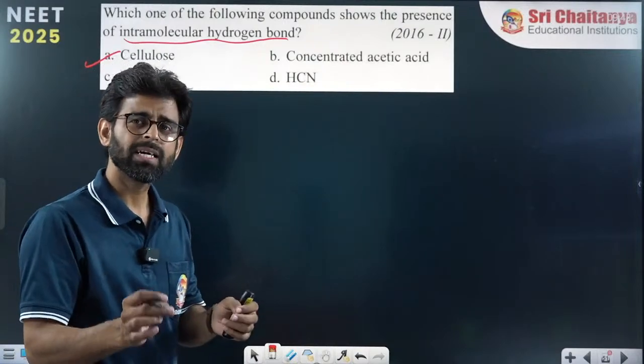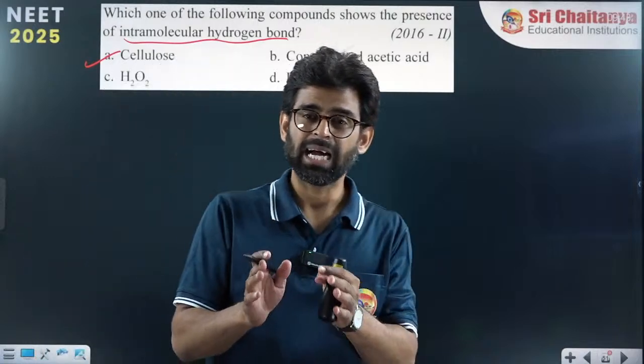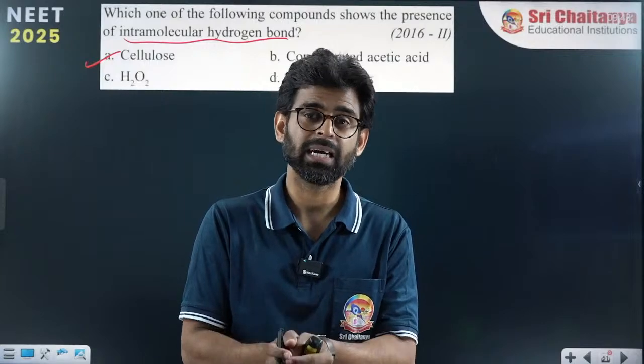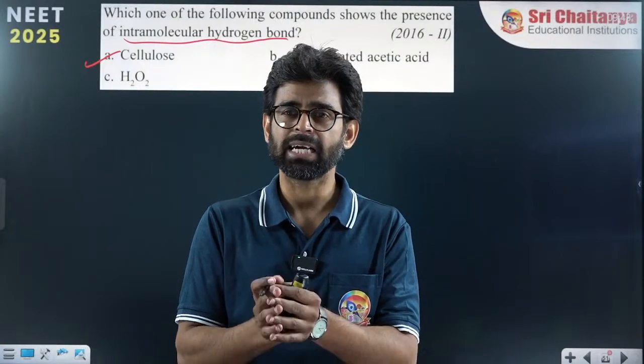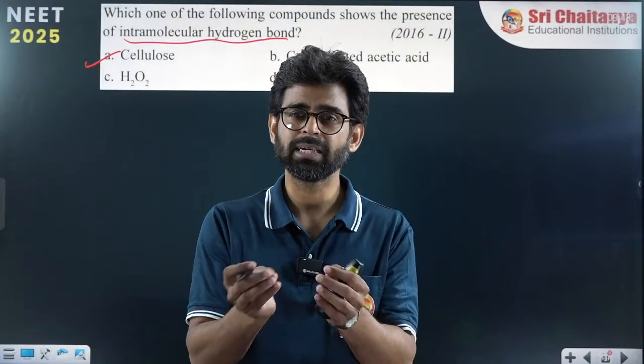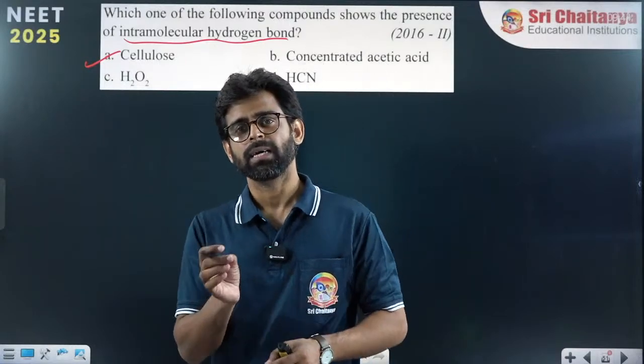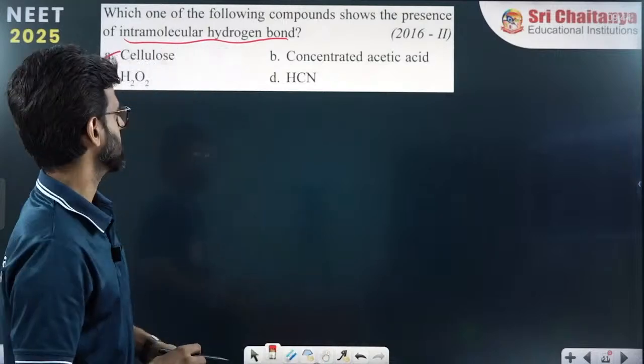Intra means when the atoms of the same molecule make hydrogen bonds with each other. That's intra H bonding. Whereas when atoms of two different molecules make hydrogen bonds with each other, we call it intermolecular hydrogen bonding, right?